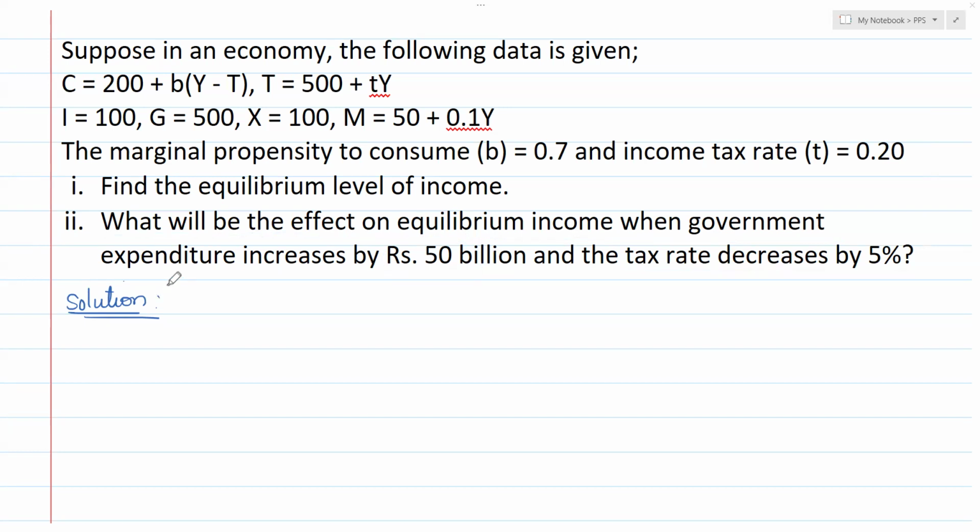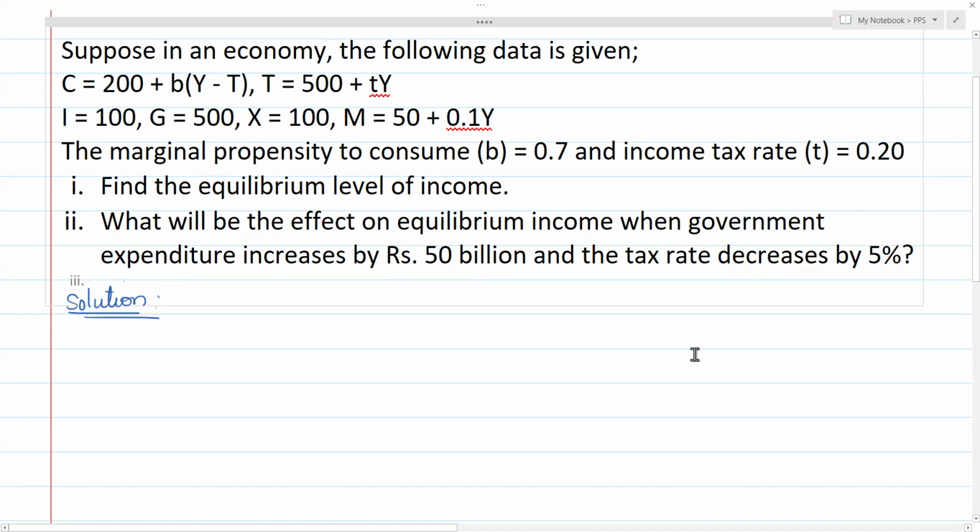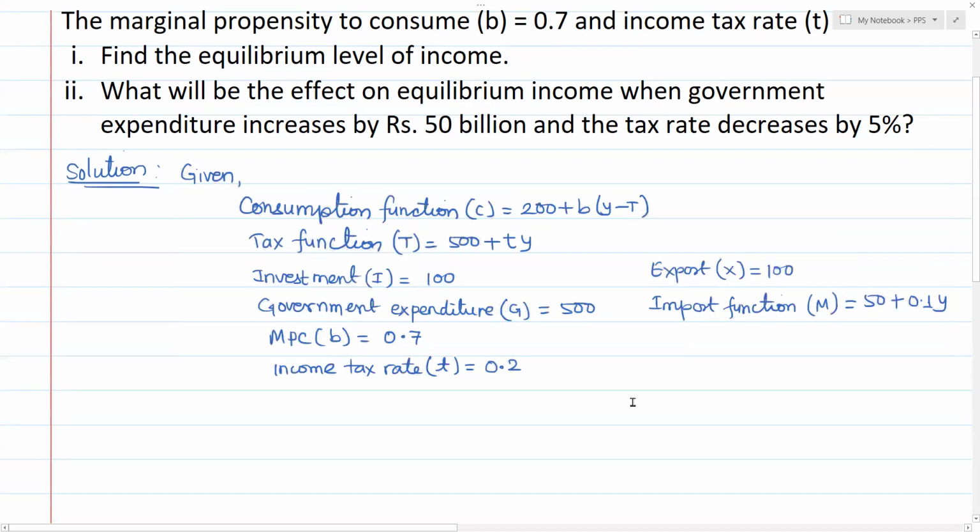Solution. First of all, let me write the given functions here. Given is the consumption function, which is C is equal to 200 plus b(y minus t).